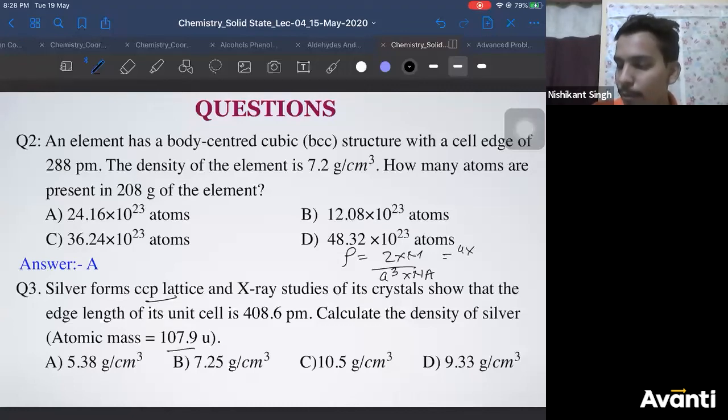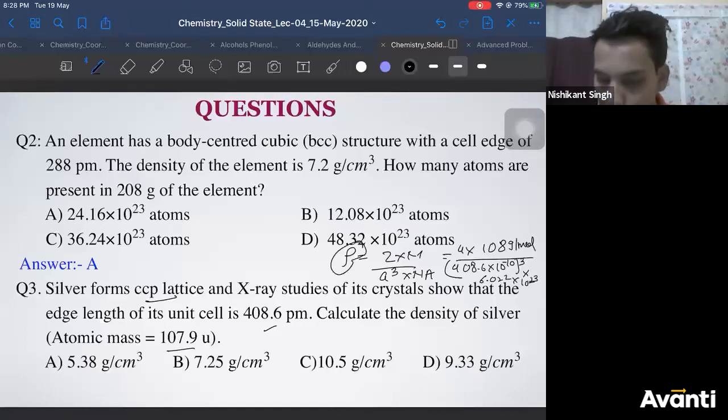Molar mass, let us take 108 gram per mole. The value of a is also given, 408.6 into 10 power minus 10 centimeter, so you have to convert to centimeter. Cube it, and Na value is 6.022 into 10 power 23. On simplification, you can find the value of density. It will come out to be C.